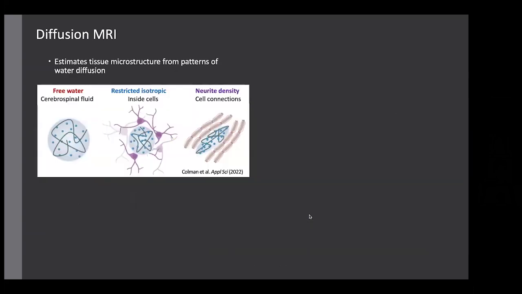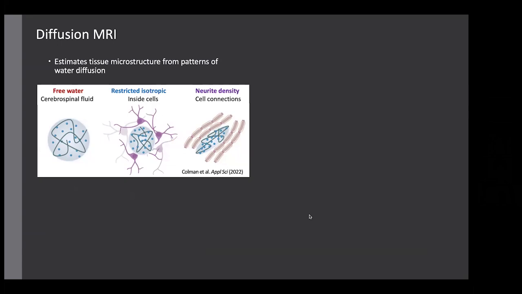So diffusion MRI, it's a little bit complicated, so I'll try not to lose you all here. But it's a technique that allows us to estimate tissue microstructure from different patterns of water diffusion. So for example, if we have water molecules in a big open space where there's just water, the water molecules are going to move very fast and in all directions.